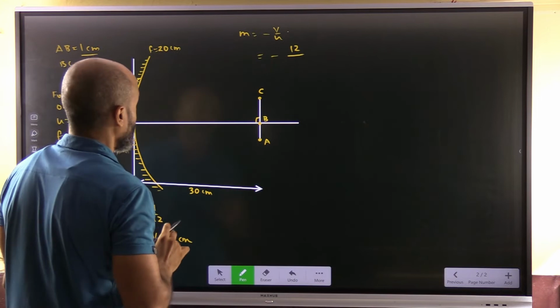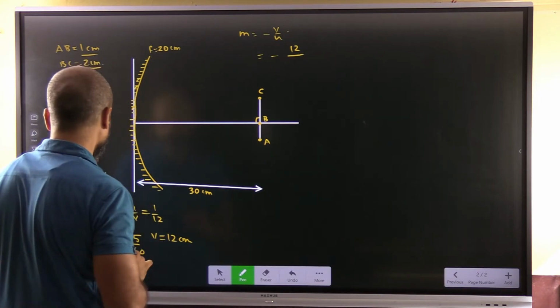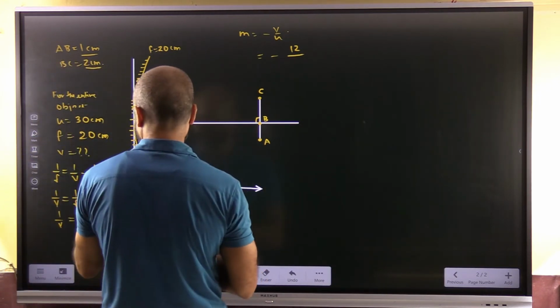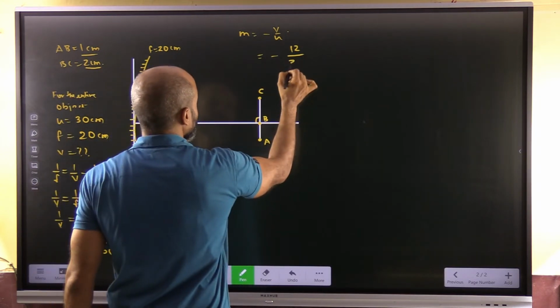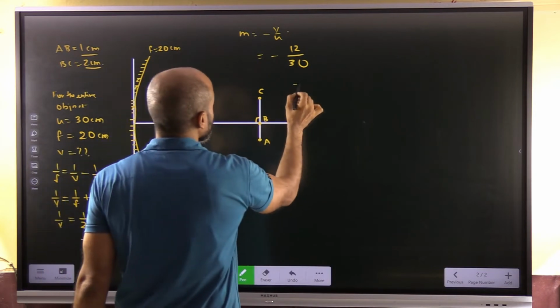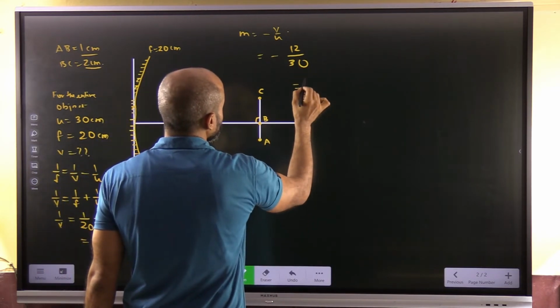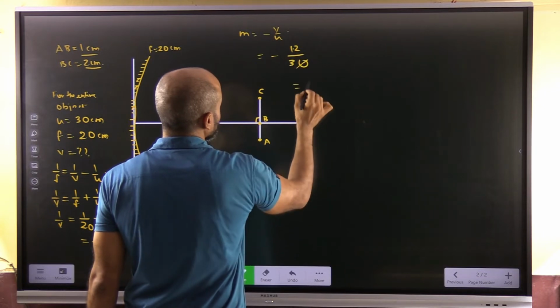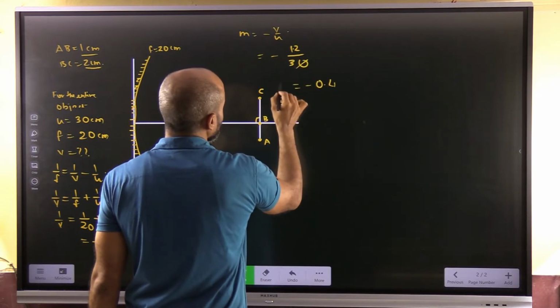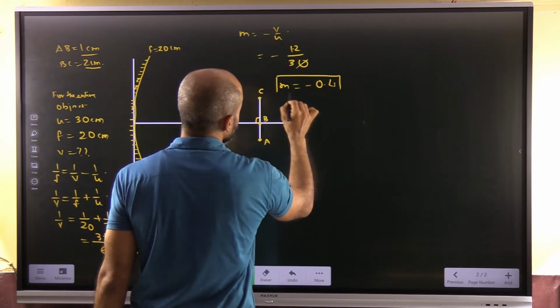I'm sorry, minus 12 upon u, which is 30. So minus 12 upon 30, that's going to be how much? That's going to be minus 0.4. Magnification is going to be minus 0.4.